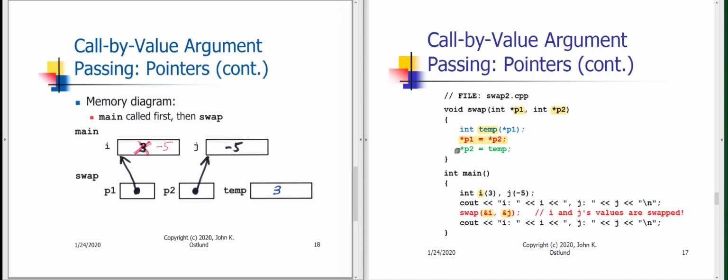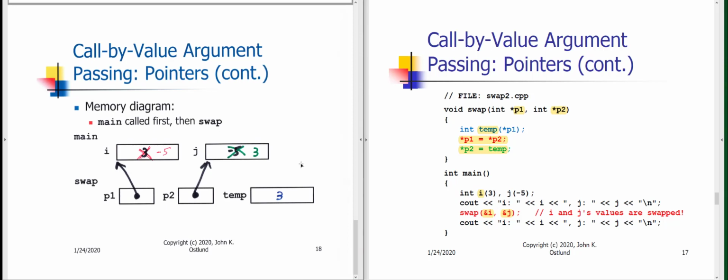The final statement in swap says *p2, well, *p2 is the variable j back in main. *p2 gets the value of temp, which is 3. All right, so the -5 in j gets replaced with a 3. At that point, we hit the closing curly brace for our swap function.